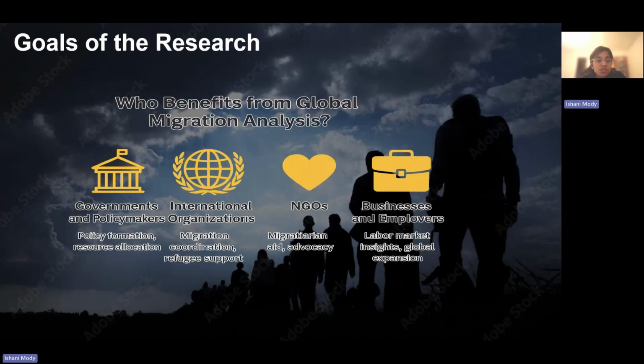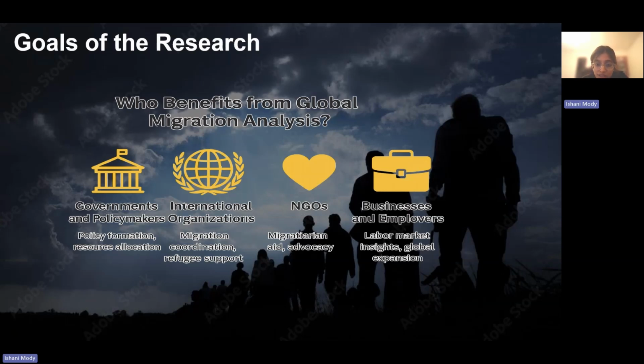Talking about the goals of this research and who benefits from it, the first one I think is government and policy makers. Migration analysis helps them understand migration trends and create regulations that balance the needs of their economies while also keeping humanitarian and social considerations. The second is international organizations.